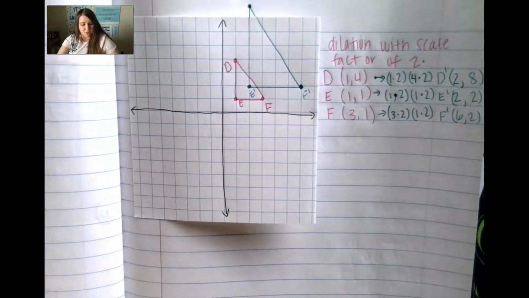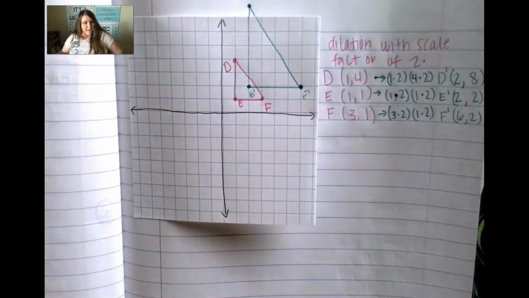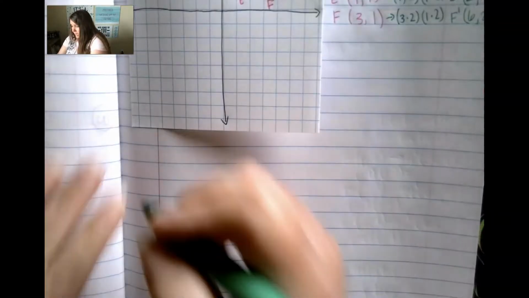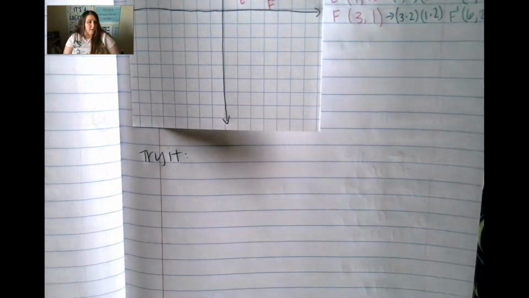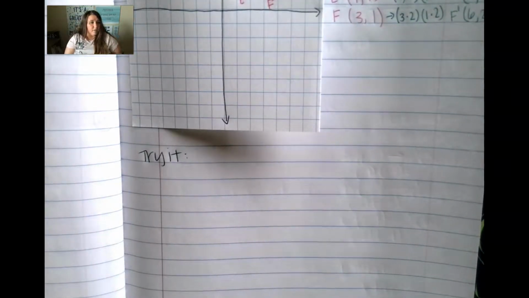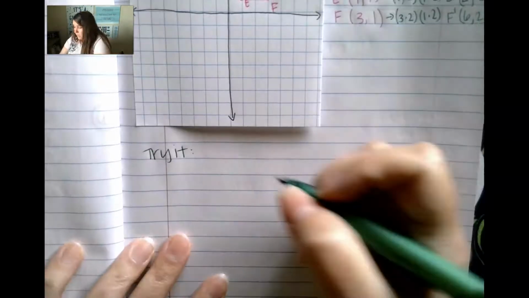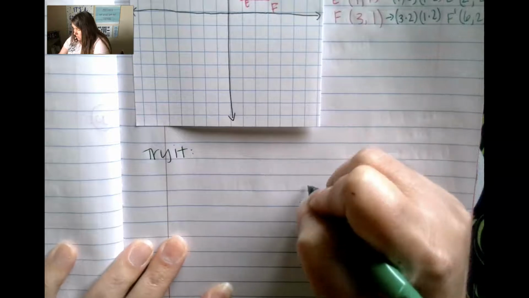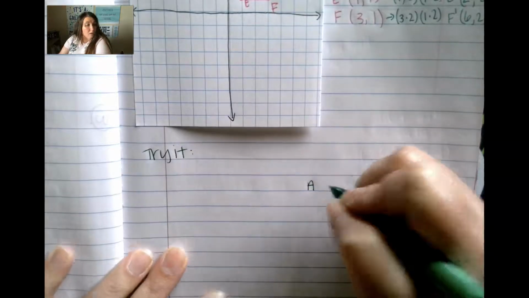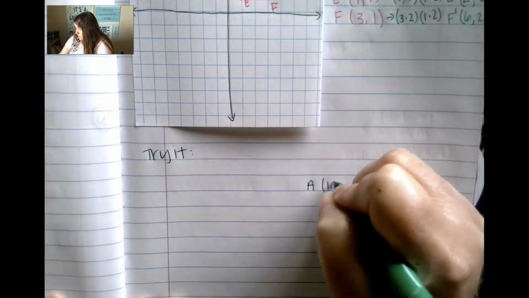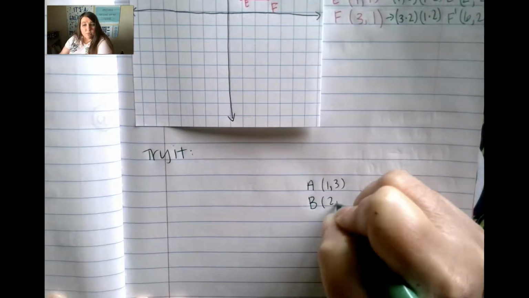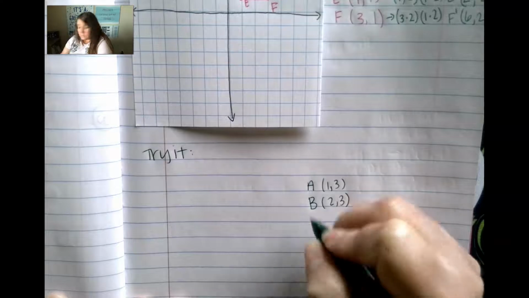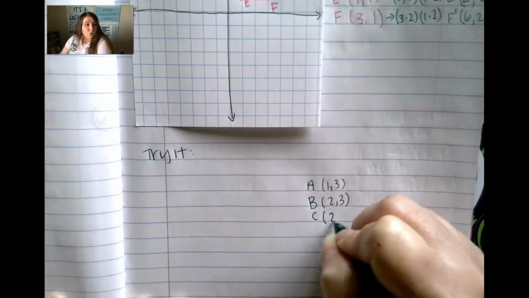All right, it is your turn now to do a dilation. Try it. So let's give you your try it down here. On your try it, you are going to dilate a figure, and your figure has points of 1, 3, and 2, 3, and last but not least, 2, 1.